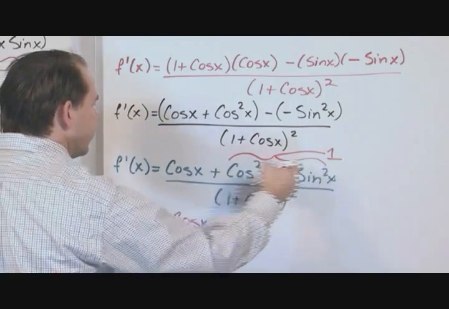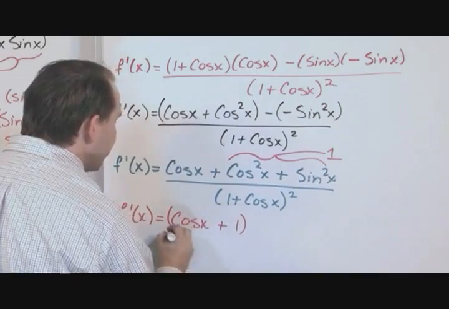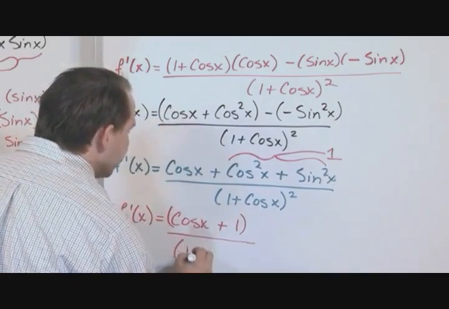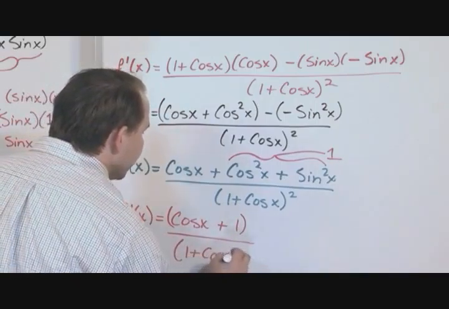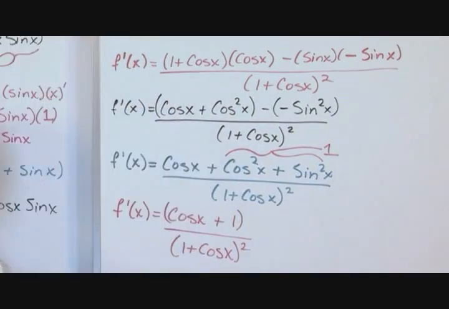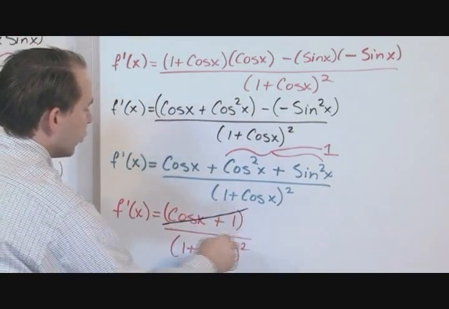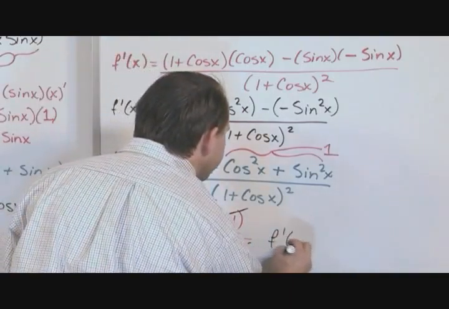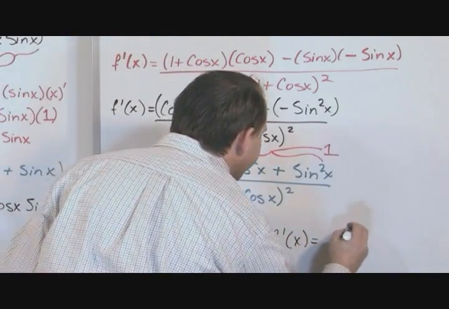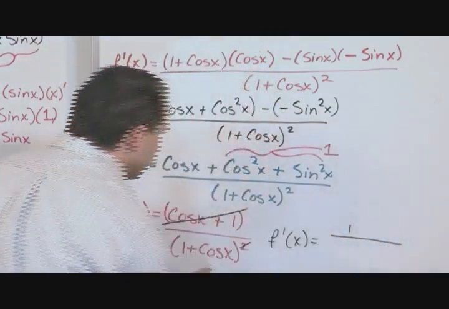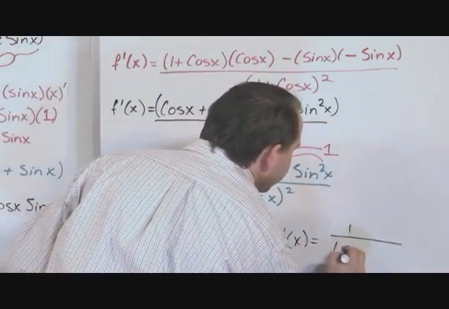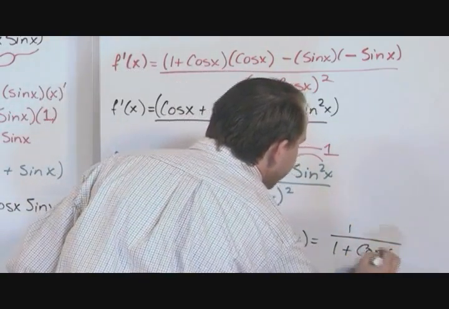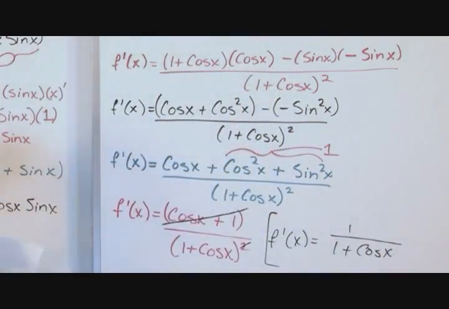That's what we have on the top because this is 1, right? So let me wrap it in parentheses to help you out here. On the bottom, you're going to have 1 plus cosine x squared. This entire numerator can cancel with one of the guys in the bottom. So the real answer for this derivative is equal to 1 over the bottom, 1 plus cosine x. And that is the answer, 1 over 1 plus cosine x.